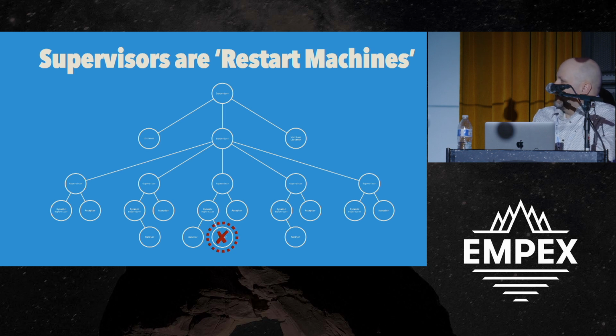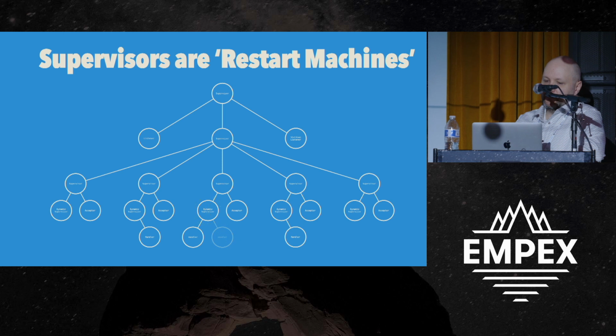So what's going to happen is its dynamic supervisor is going to be notified of that because those processes are linked. It's going to look at the restart strategy for this. And in the case of Thousand Island, we use a temporary restart strategy because we can't meaningfully restart a connection with a client. And so simply that process will die. The key thing to note here is that nobody else noticed or cared, right? All the other client connections continue to run, all the other acceptors continue to run, nobody else noticed or cared.